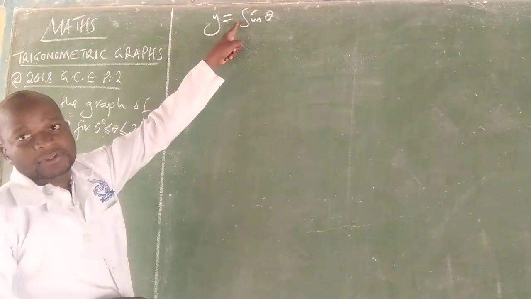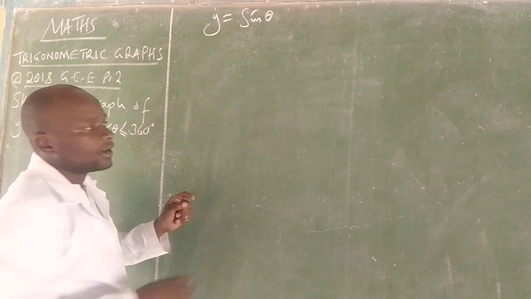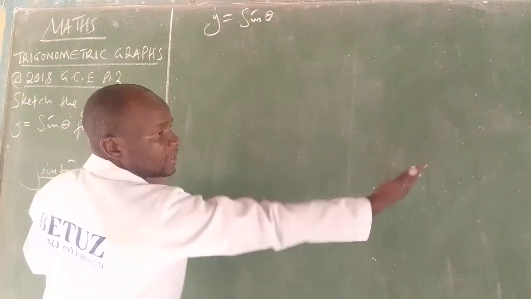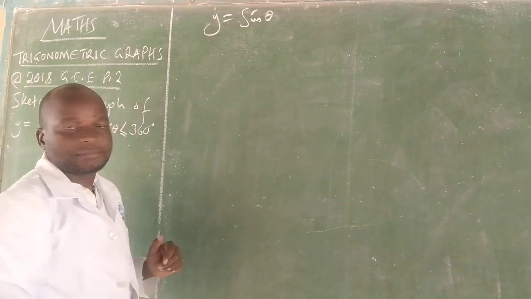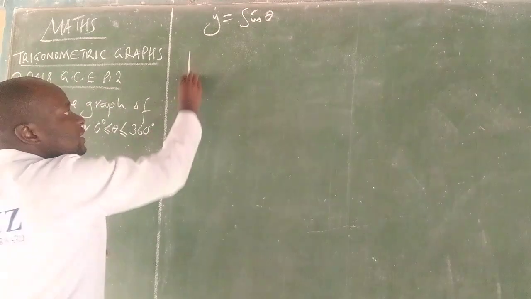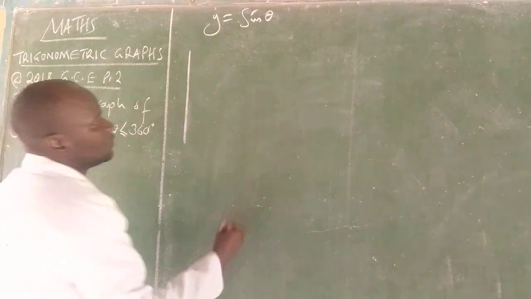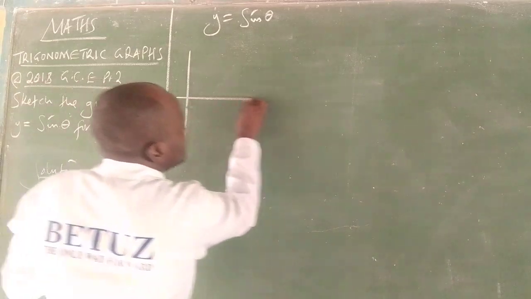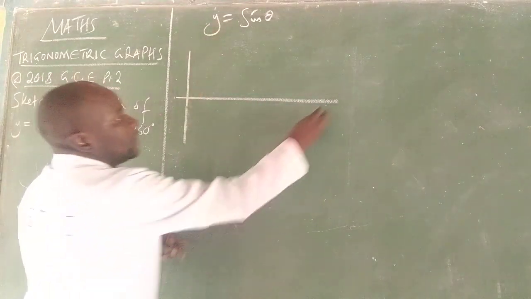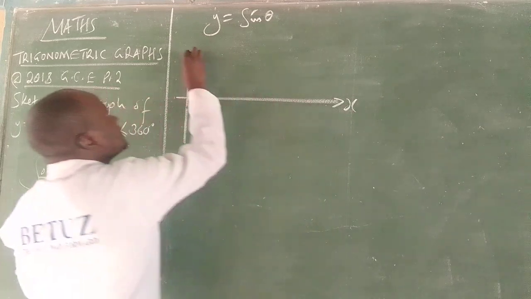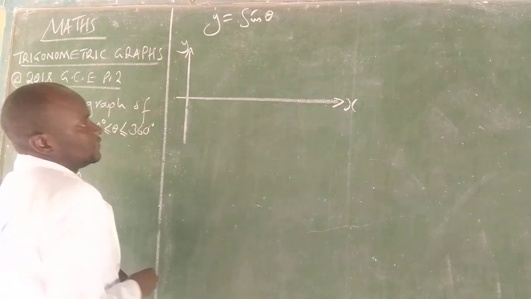So because it is positive here, it simply means our graph should lean on the positive side of the x or y plane. So when you're drawing the x or y plane, you leave enough room on the right so that it can go there because it's positive here. So this will be our x-axis, that will be our y-axis.